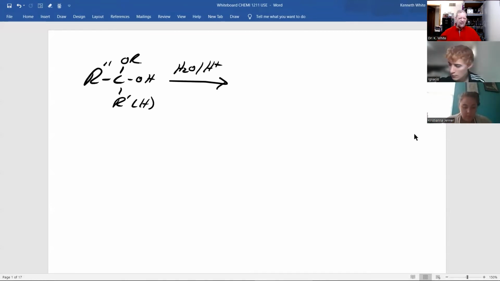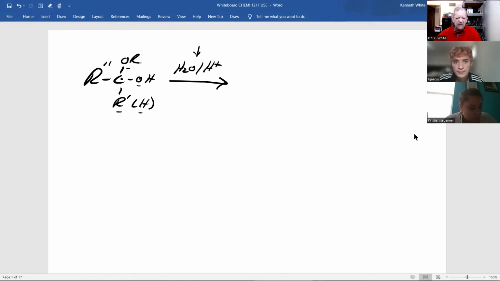And let's look at this. This is called a hemiacetal, hemiketal. I'll never ask you the name. Now, R prime can be carbon or hydrogen. And what you do is look for what's different. Ooh, two oxygens single bonded to the same carbon. That's different.